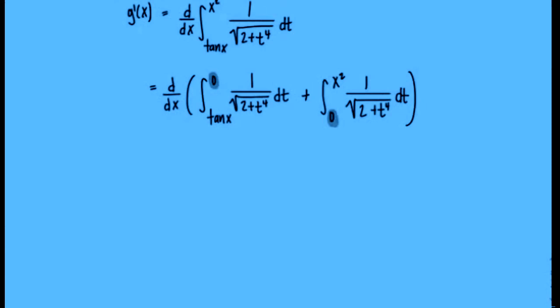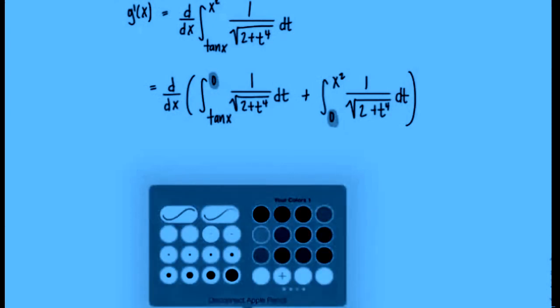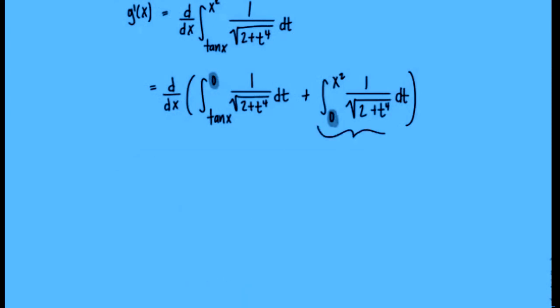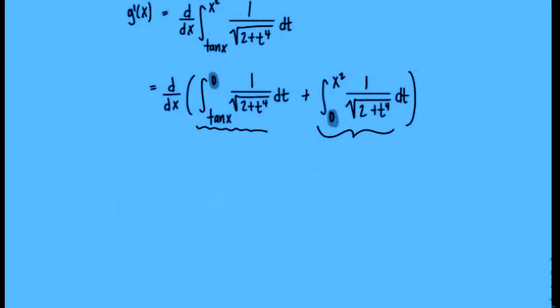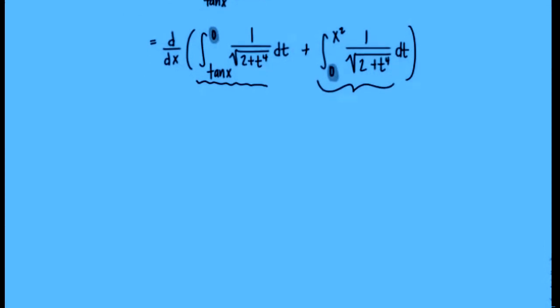Okay, well, things are looking better. I am already very happy with the second integral because I can just apply the fundamental theorem of calculus. The first one, however, remember, I need the lower limit to be constant. So what I can do, remember how in that previous problem we flipped the limits of integration?